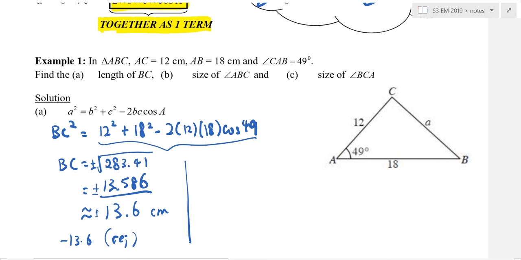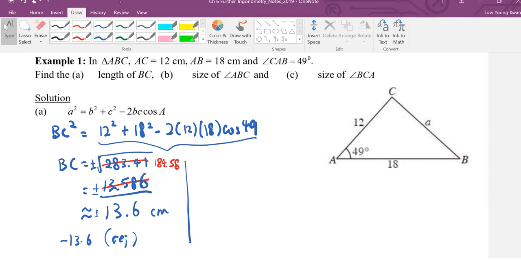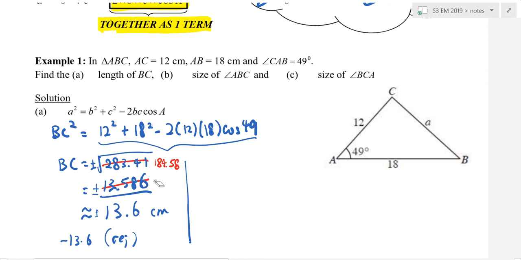This is wrong. It should be 184.58. Oh, the answer is correct. But the final answer is correct. Oh, okay, okay.